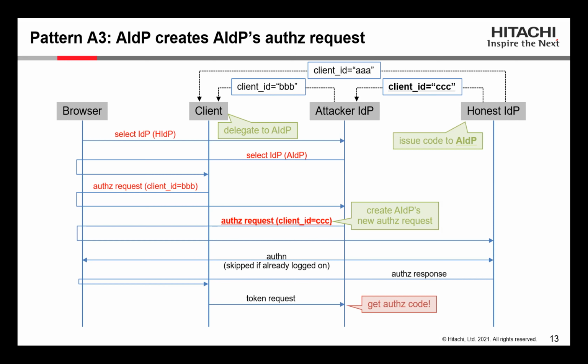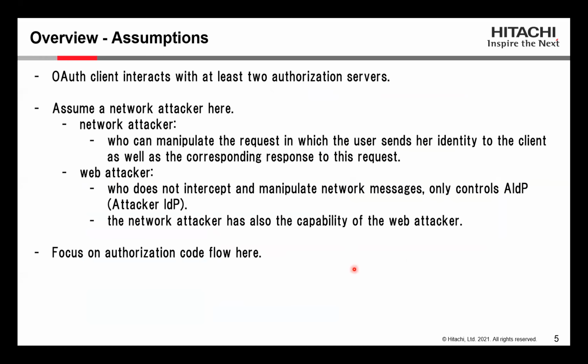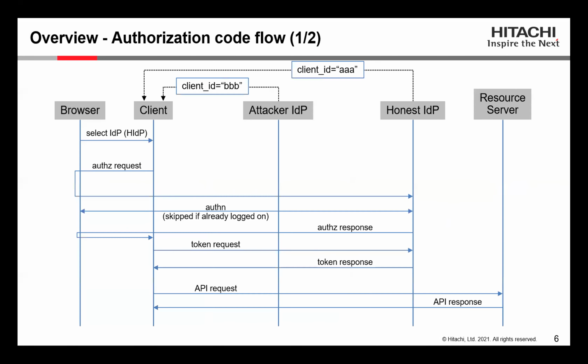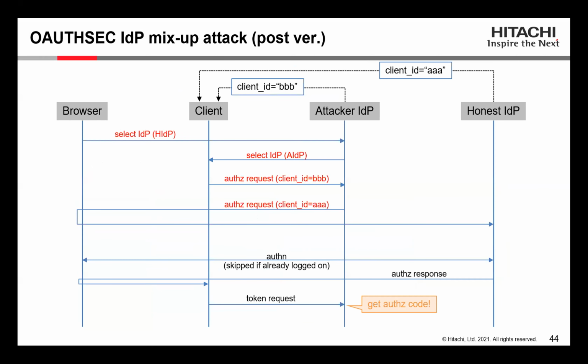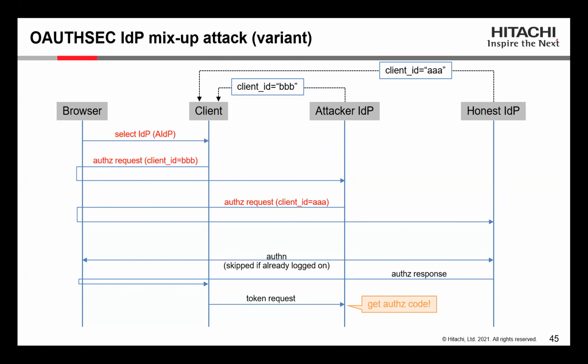Then, you said you assume the network attacker because, when I saw that correctly, in A1, 2, and 3, the user always selects the honest IDP. Is that right? Yeah, that's right. This is described in the variant attacks in OAuthSec, the user selects AIDP pattern.